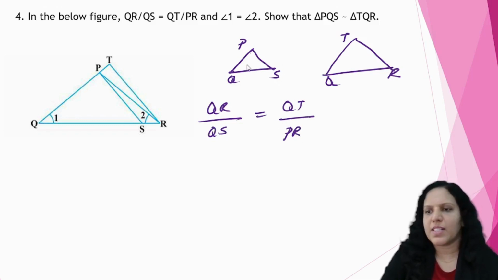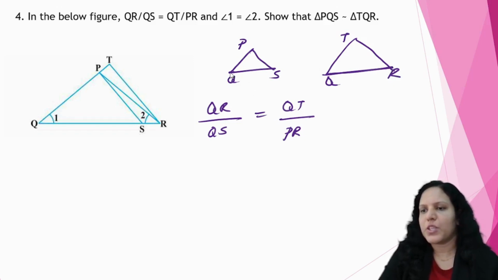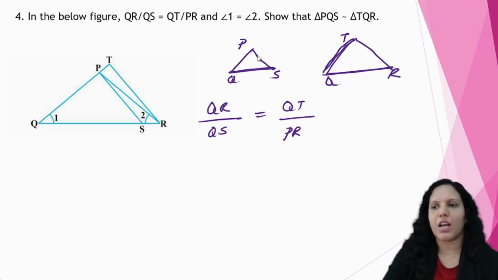Let's mark that side. So that is QR, which is this side of the bigger triangle TQR. QR over QS, so this is the corresponding side by QT. QT by, here we are given PR, but the side of this triangle is PQ.